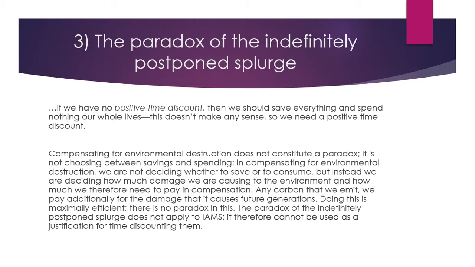We want to not destroy it. And the only value in destroying it is what we get back for it. And that is compensated with the integrated assessment models and the cost of carbon. There's absolutely no paradox in that. Koopman's paradox, as I call it, has nothing to do with IAMs, simply doesn't apply. So that can be rejected outright.